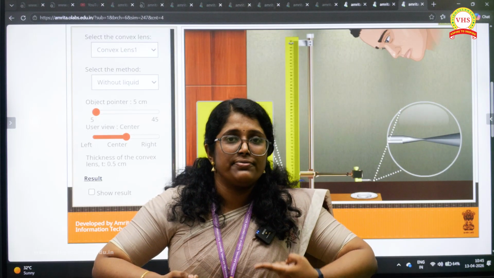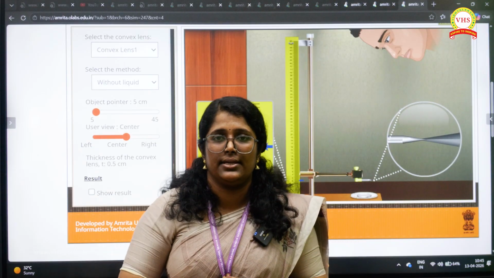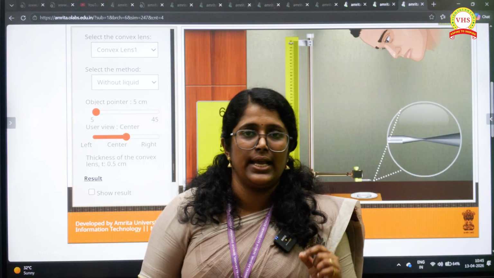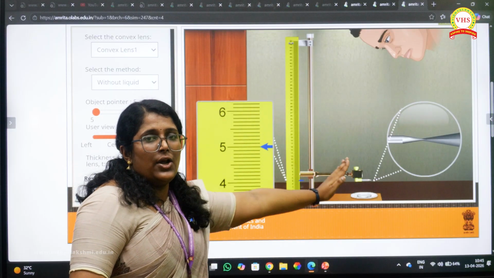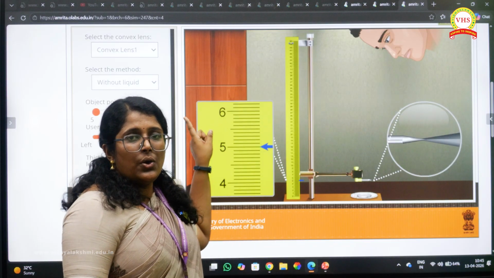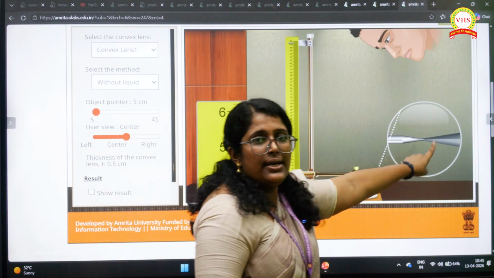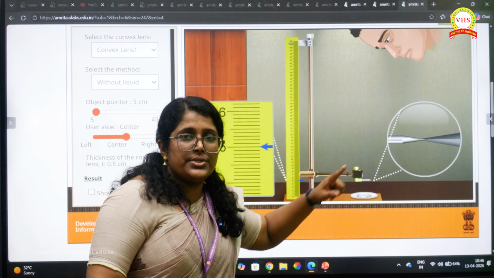Another thing, they should be of the same size. At that time you can adjust the needle and fix it. After that, you take a meter scale to measure the values, along with the setup. You have to look at this properly.